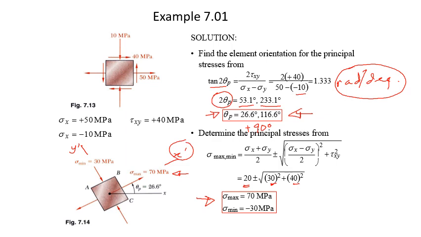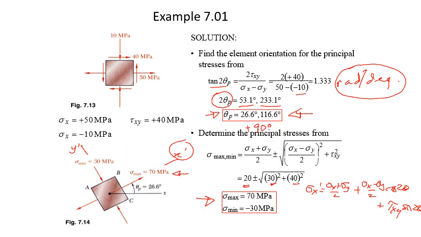Remember the basic equation? Sigma x prime is equal to sigma x plus sigma y over 2, plus sigma x minus sigma y over 2 cos 2 theta, plus tau xy sine 2 theta. You have that basic equation.